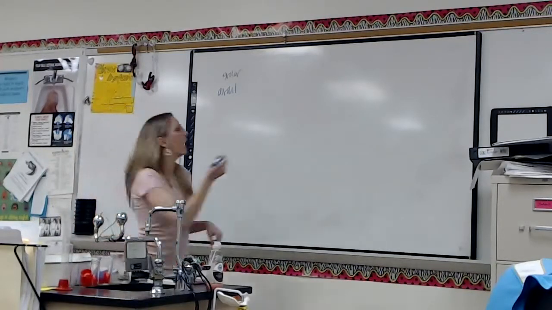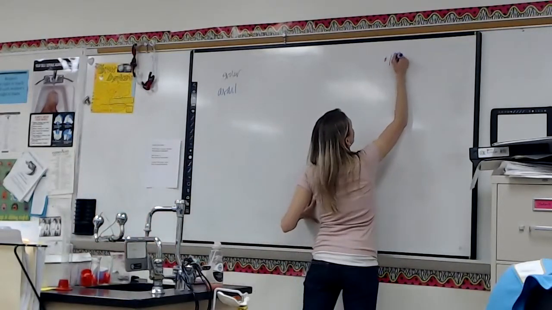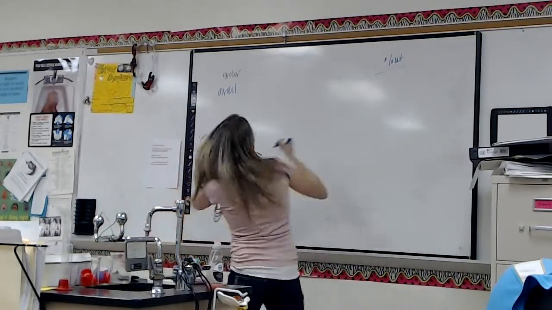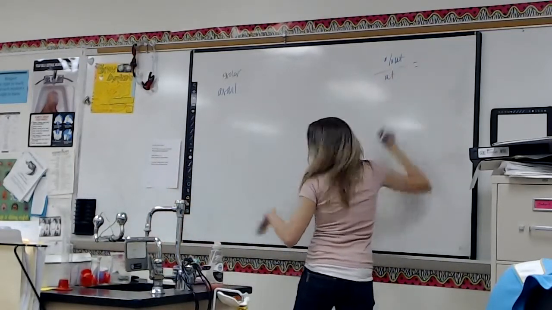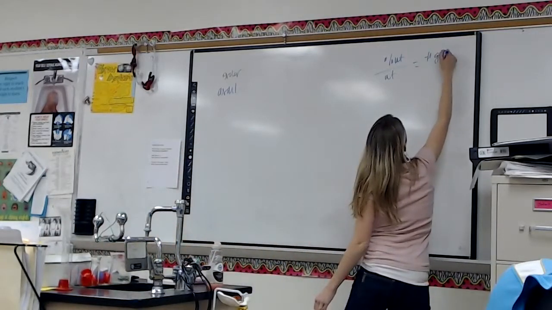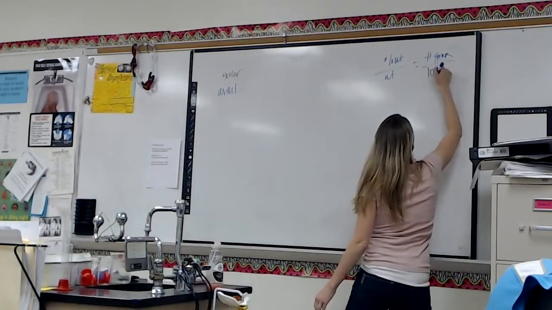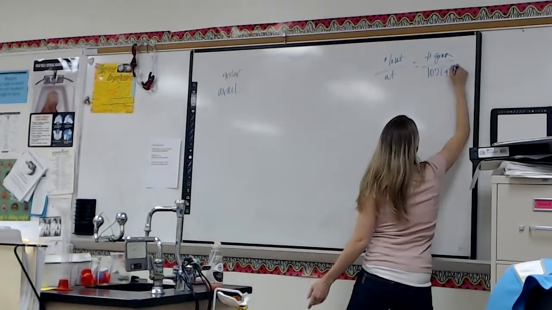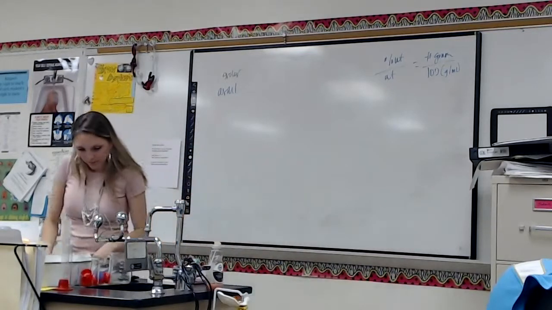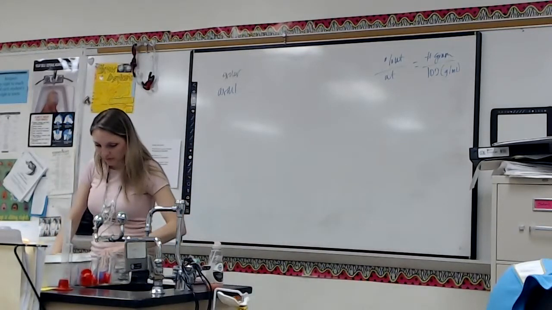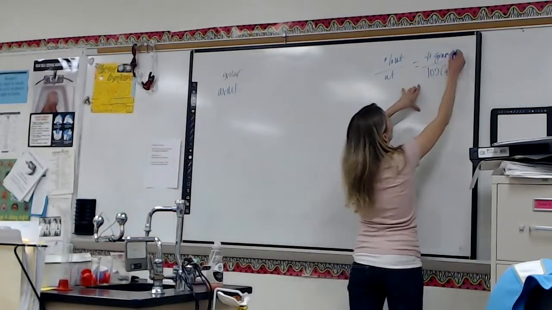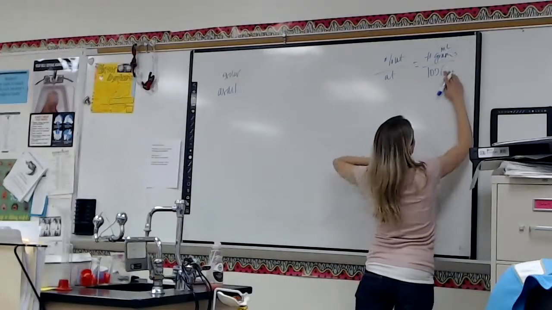Okay, so I'm going to write this up here: percent, weight over weight, is equal to the number of grams in 100. It could be grams, it could be milliliters, whatever it is. So this could be grams or it could be milliliters, and the same at the bottom down here.